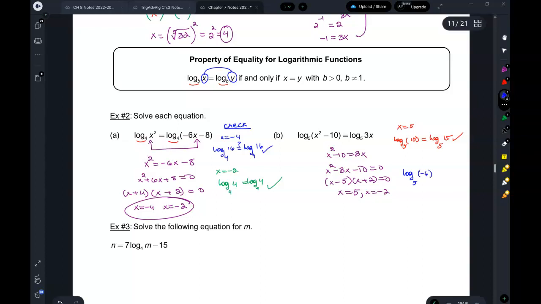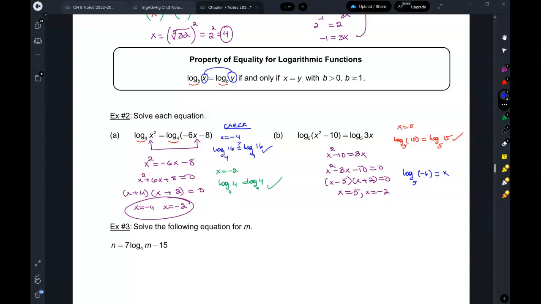Is that right? Let's think about that for a minute. Suppose you have something like this equals some number x. This x is the exponent, right? So we're saying 5 to the power of some number should equal negative 6. Can you take a positive number, raise it to an exponent, and have it equal a negative number?